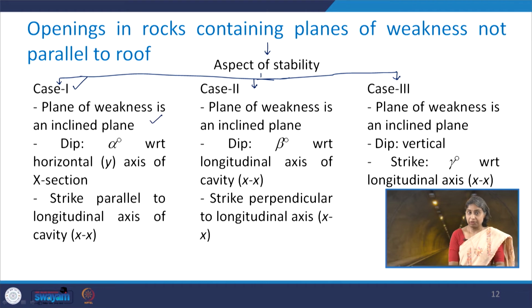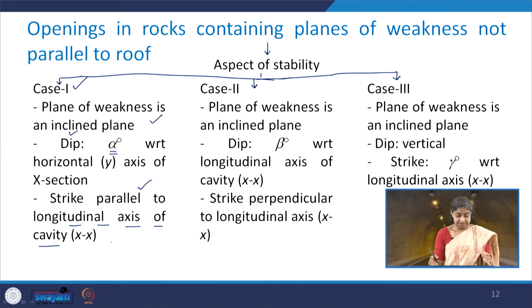As far as case 1 is concerned, the plane of weakness is an inclined plane having a dip of alpha degree with respect to the horizontal, which is the y axis of the cross section, as I just mentioned in the previous figure. Then the strike of these planes is parallel to the longitudinal axis of the cavity, that is the x axis.